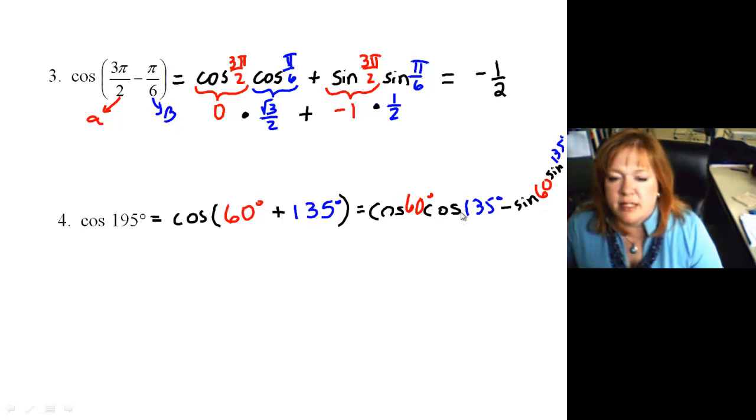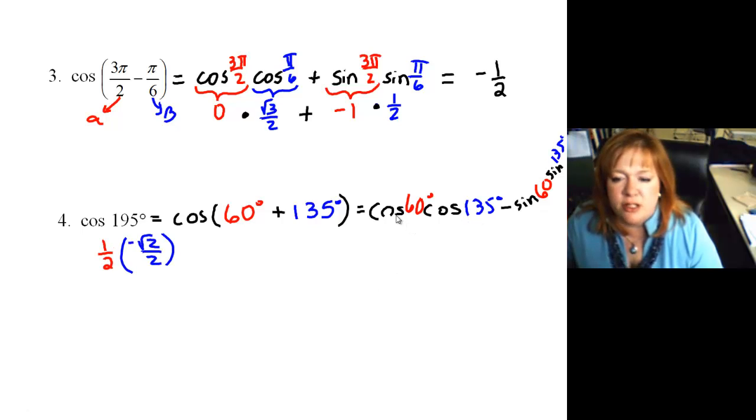Cosine of 60 times the cosine of 135 minus, that's the formula, sine 60, sine 135. And we know, since the reference angle is 45, cosine and sine of 135 is square root of 2 over 2, but the cosine is negative because 135 is in the second quadrant.